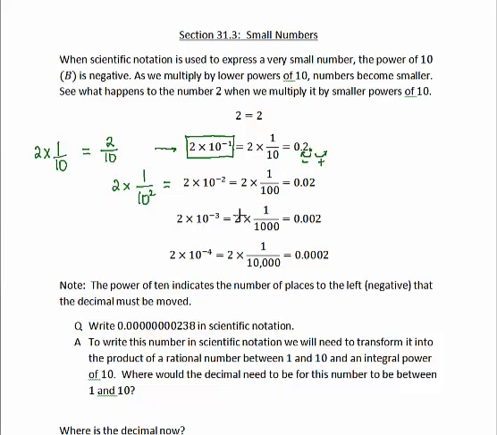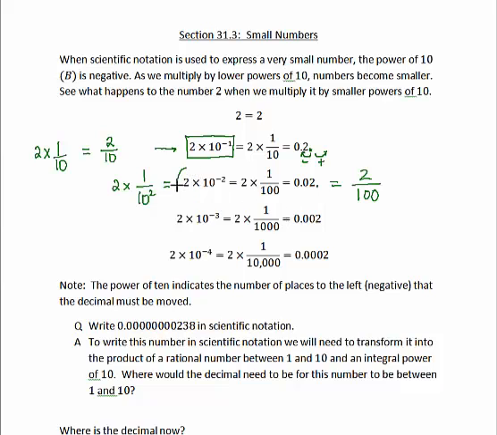Alright, what's 2 times 1 over 100? Well, that is the equivalent of 2 divided by 100. And you could put this in your calculator and you would get 0.02. Well, what happened to the decimal point? It started out behind the 2.